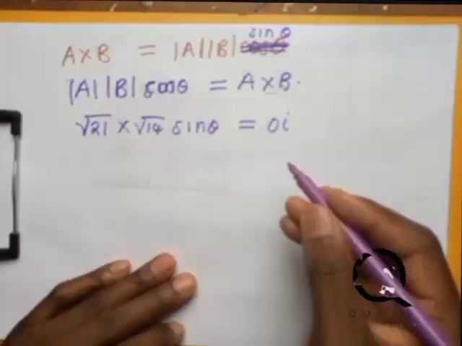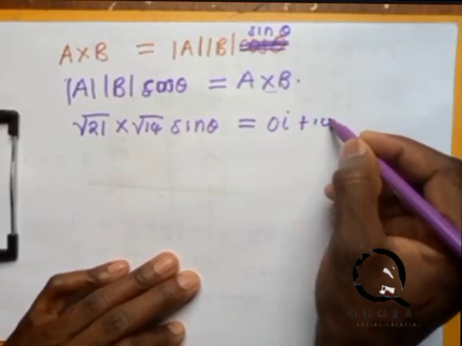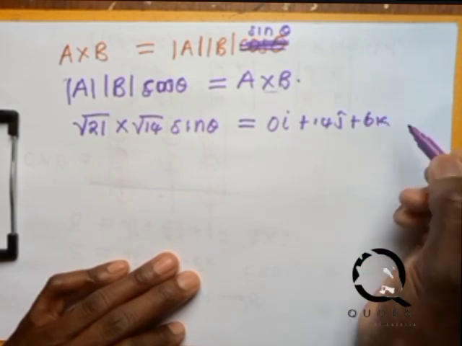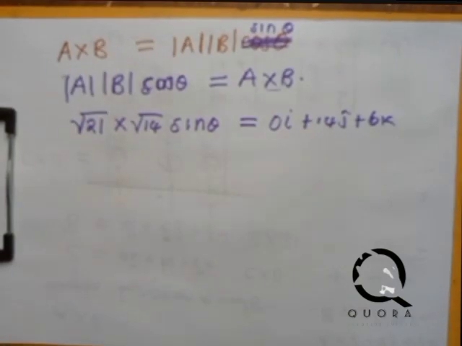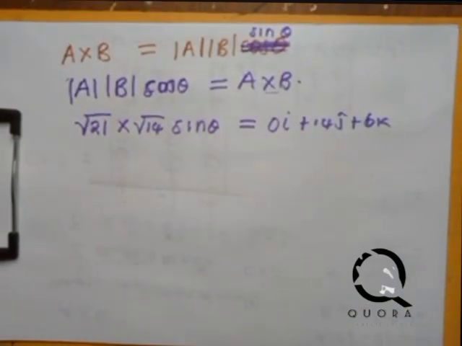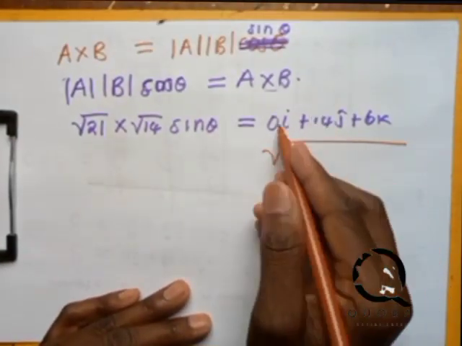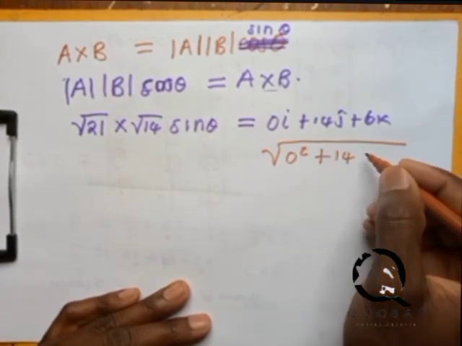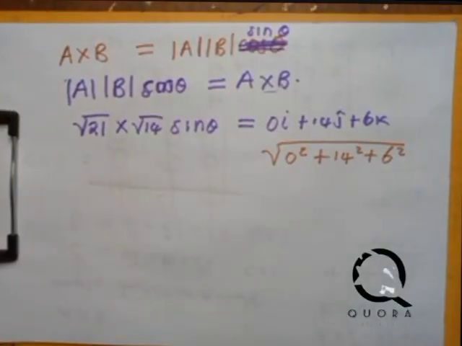Okay, so here we have 0i plus 14j plus 6k. But you have to find the magnitude for that same cross product. What are you supposed to do to find the magnitude here? I'll just say a root of, I'll start from here, 0 square plus 14 square plus 6 square, right?